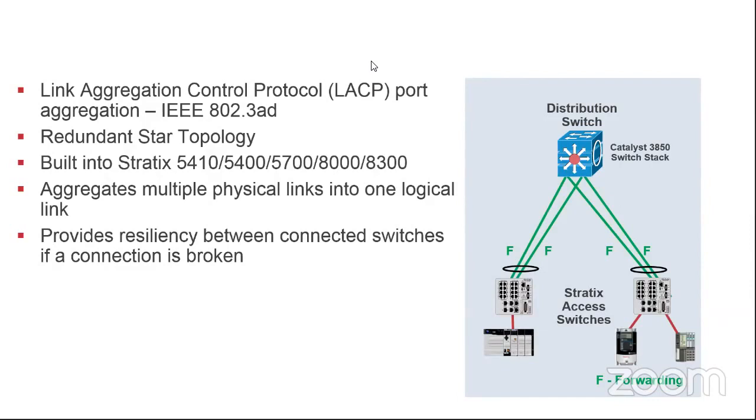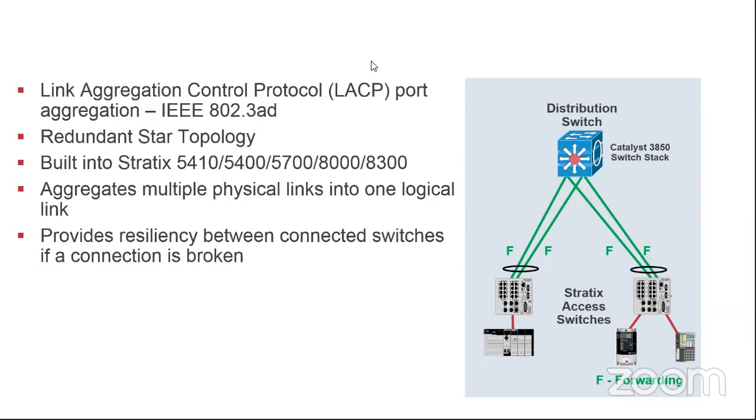If you lose a connection, the big plus here is, we talked about the convergence time. When we're looking at Ether channel, there's no reconvergence time because both of them are forwarding. All you end up doing is you drop down to your single bandwidth aggregation.